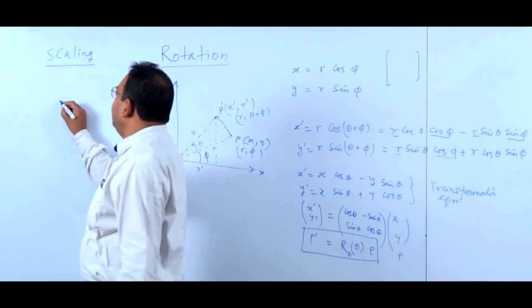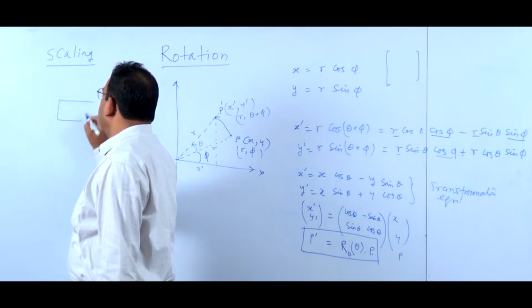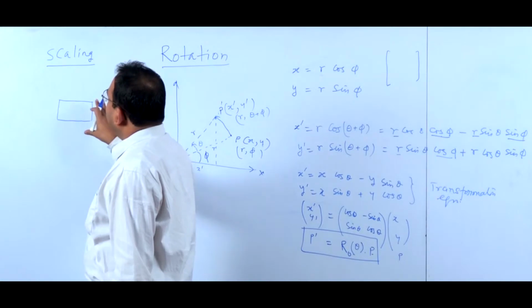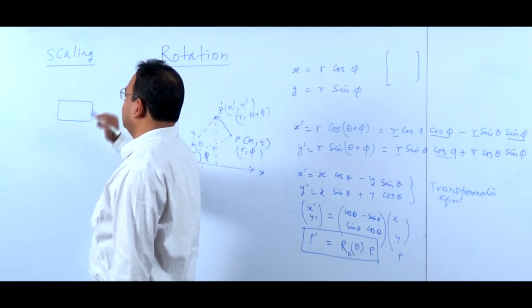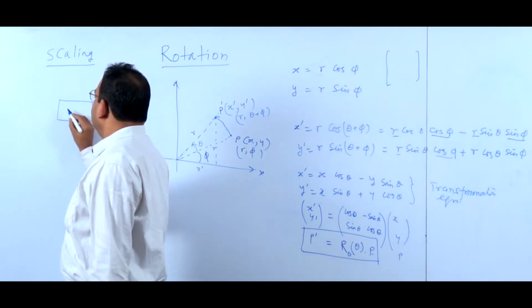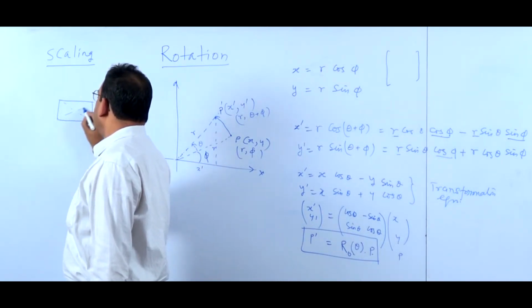Suppose we have a rectangle of this size and we want to enlarge this object, keeping the center fixed, which is the intersection of these two diagonals.